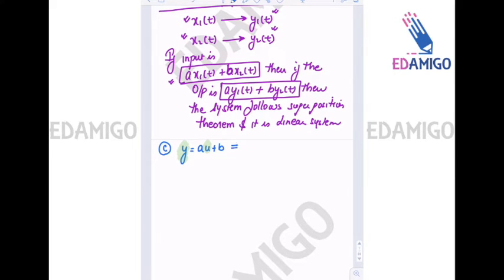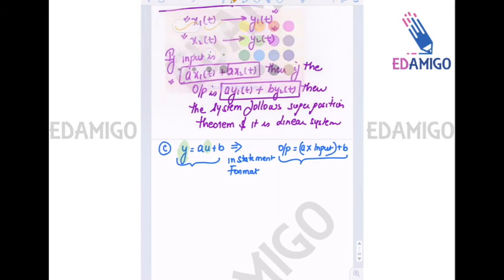This equation can be written in statement format, this step is very important: the output of the system is equal to A multiplied by the input plus B. This is the statement form of the equation.